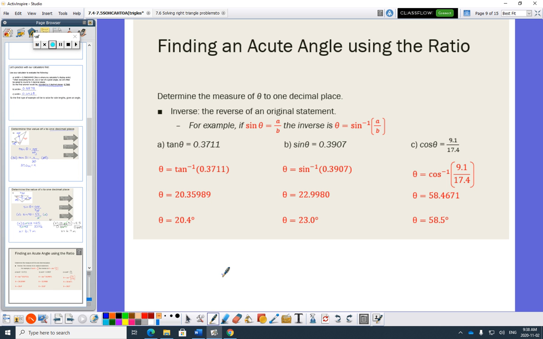Now we're going to consider what the inverse of sine, cos, and tan are. So if you look at your calculator, you can see the sine, cos, and tan button, and then it might be second function or shift, and then above it, it says sine -1, and above the cos, cos -1, tan -1. We usually call that tan inverse. We don't say tan -1, sine -1.